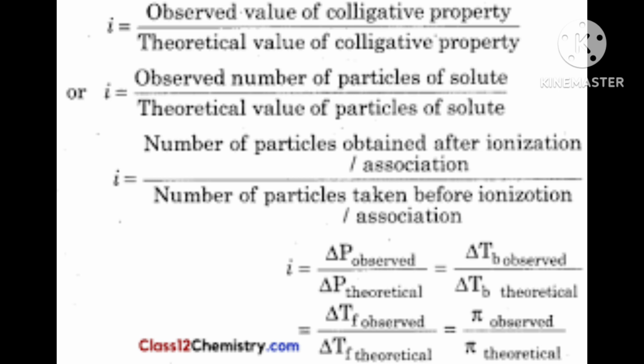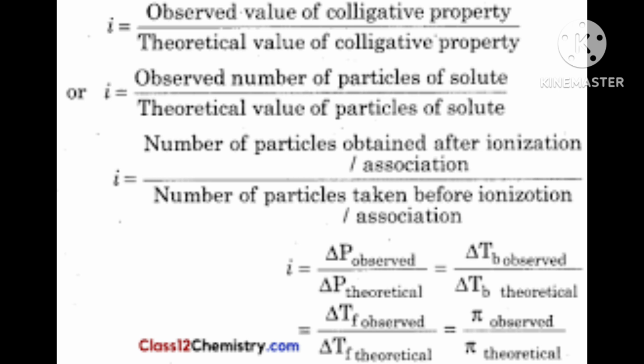Particularly in general, water is considered as a solvent, but maybe another solvent also, an organic solvent like benzene, acetic acid, chloroform, carbon tetrachloride, all these may be used. In this situation, if it ionizes, its vapor pressure will be less.